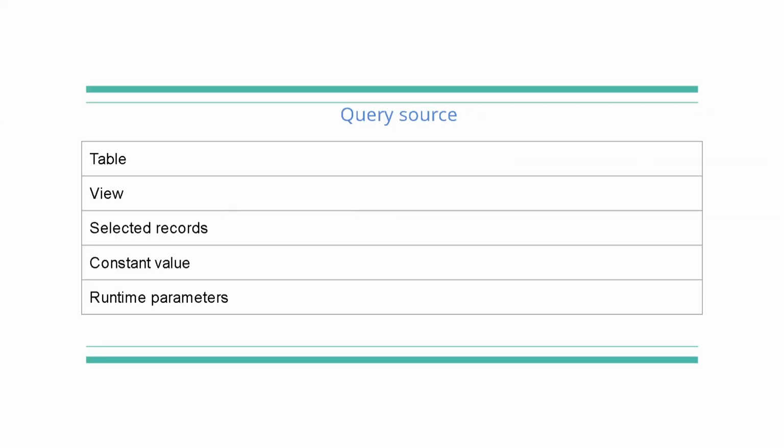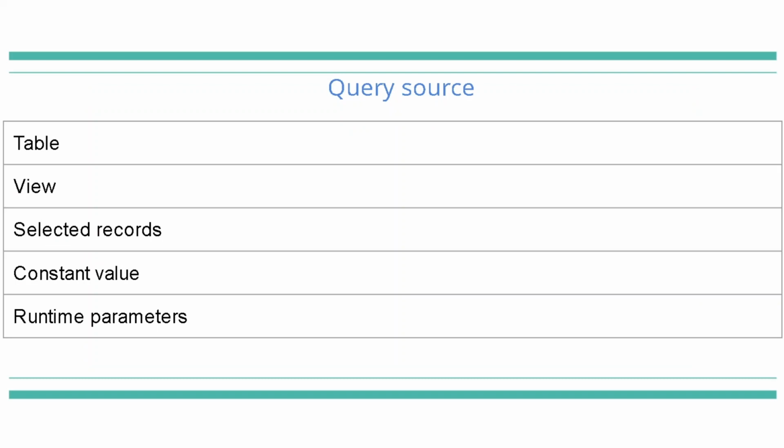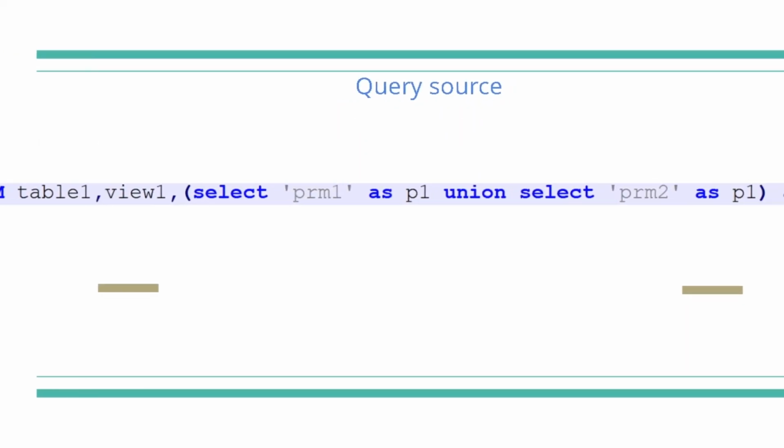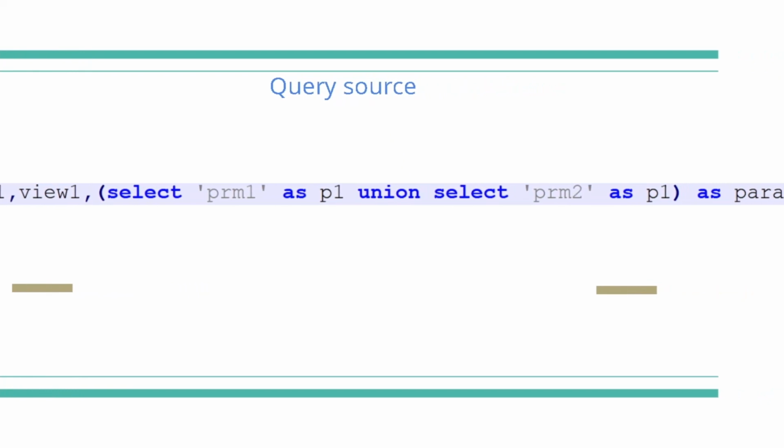Query sources can be an entire table, a view, selected records from a table, a constant value, or user input values given when running the query. Referring to a source in a query's metadata rows at one or more destination tables across the SpoG application is equivalent to adding that source to an SQL from clause.